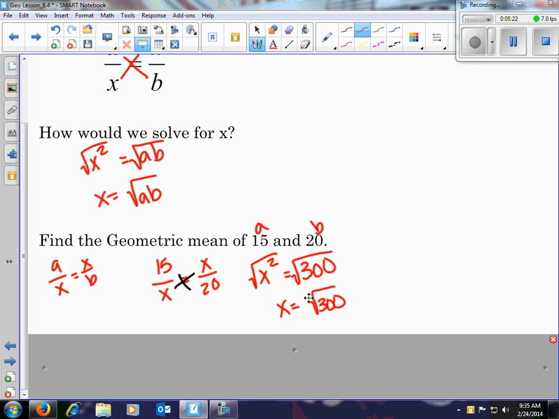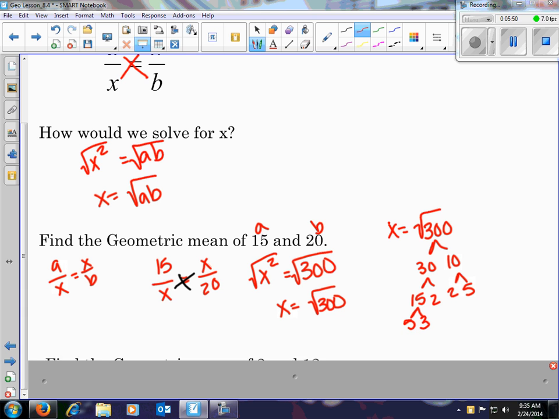Now I'm not going to leave it like this because the square root of 300 can be reduced. So I have X is equal to square root 300. Now I can do my factor tree. So I have 30 and 10. Then 30 goes to 15 and 2. 10 goes to 2 and 5. And 15 goes to 5 and 3.